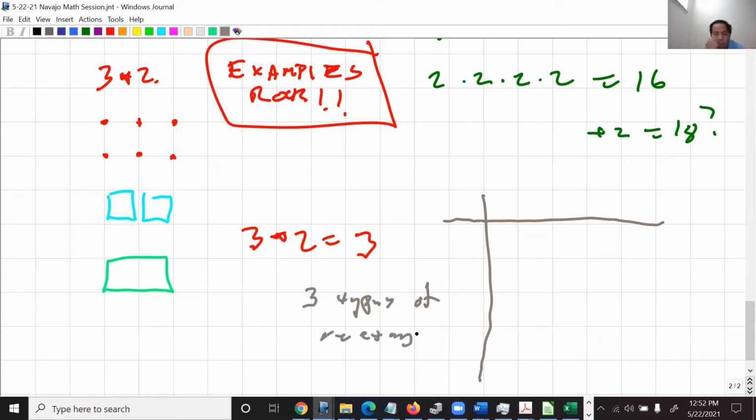Is that enough of a description that if the only thing you saw was 3 types of rectangles, would you be able to reproduce this with the bigger thing of dots? Rochelle, does this explain to you what's happening?